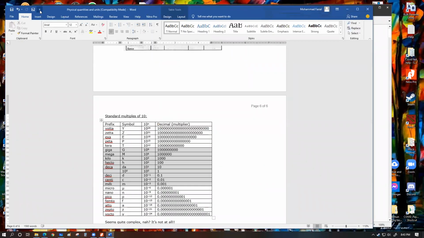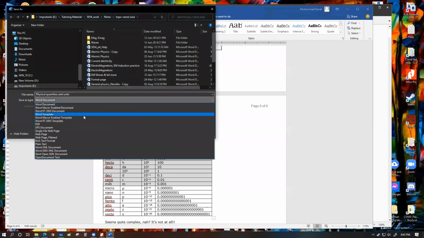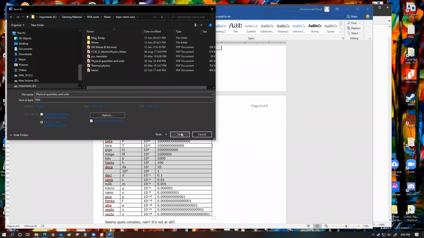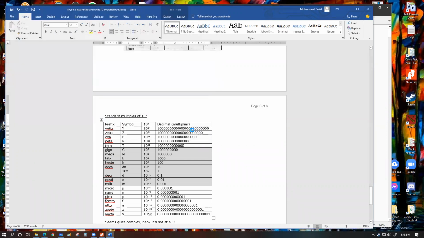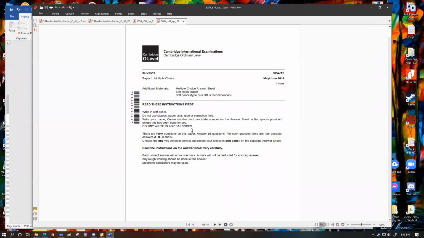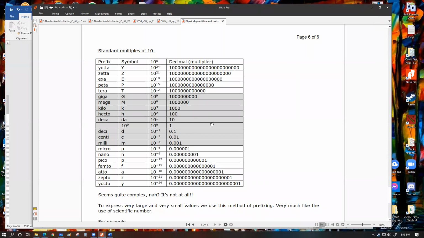Retry. Good. So the shaded part is also wrong.